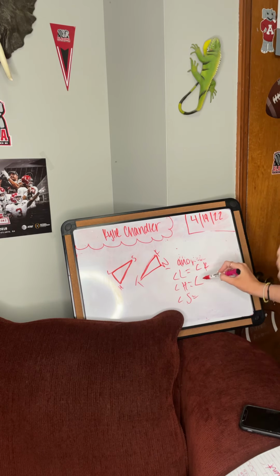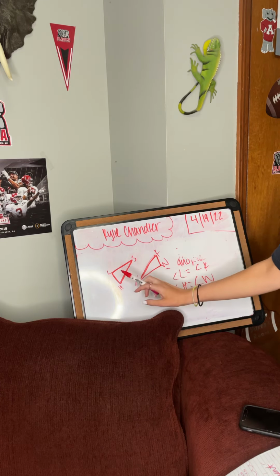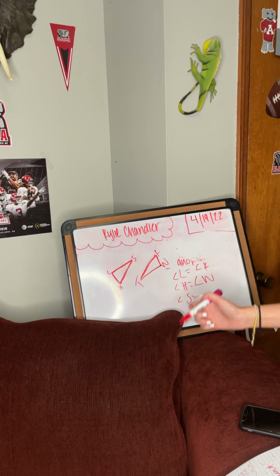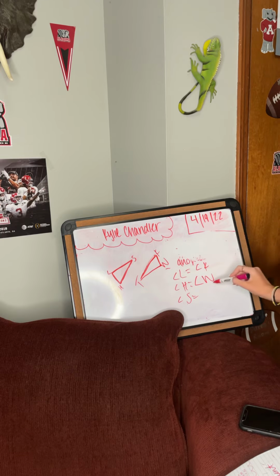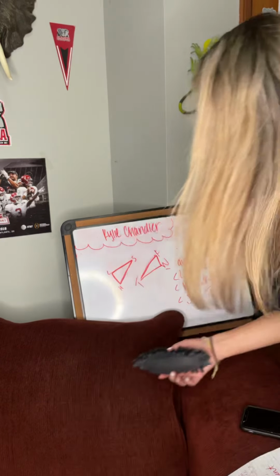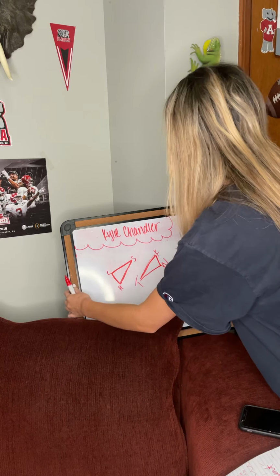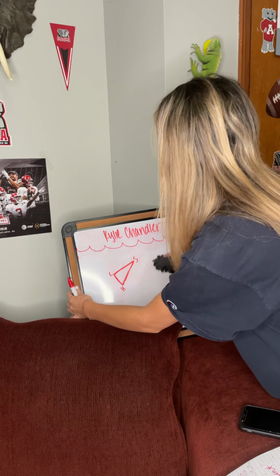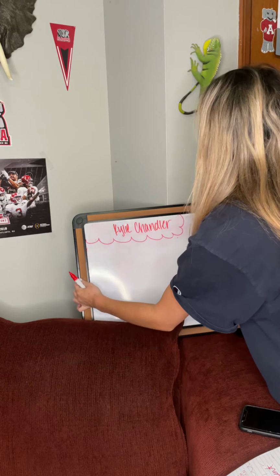H equals angle W. Yes. And then S equals angle T. Those are some examples of finding the vertices, sides, and angles of congruent triangles.